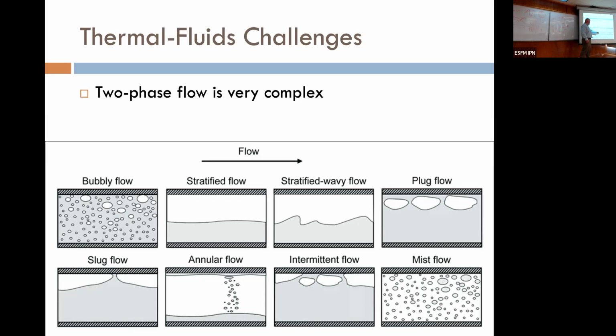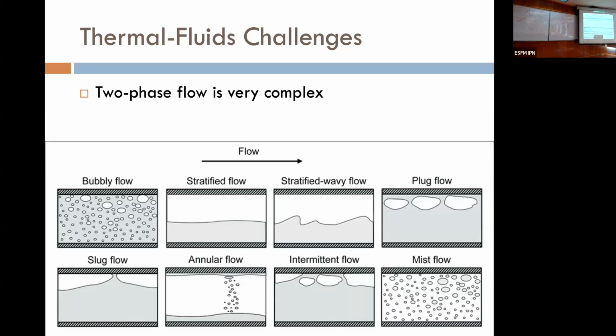Intermittent flow just varies between each of these as a function of time. Or mist flow, where it's almost all vapor, but with little droplets of water inside it. So in two-phase flow, the structure is very complex.